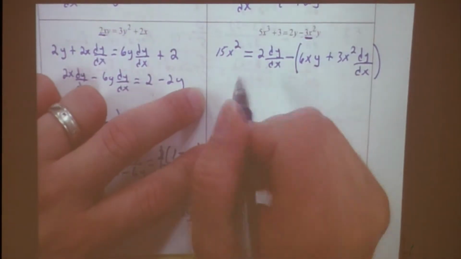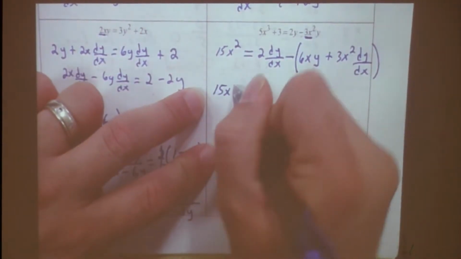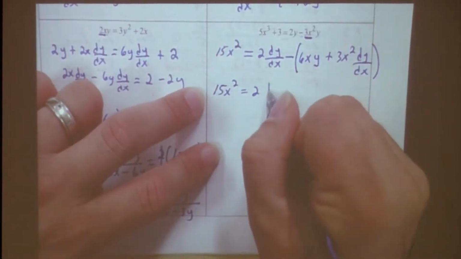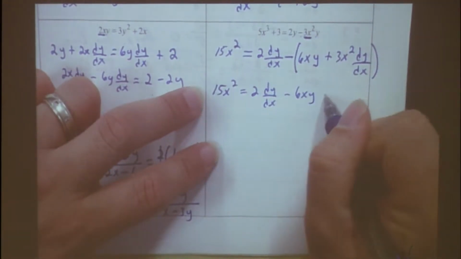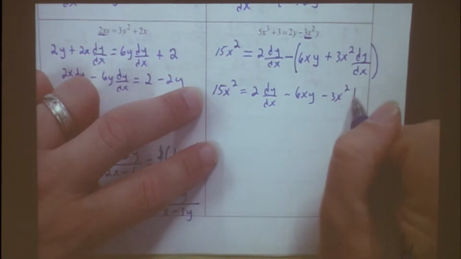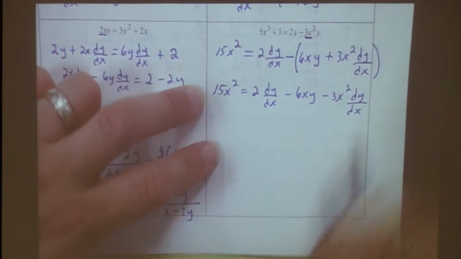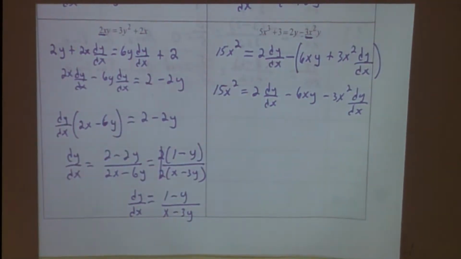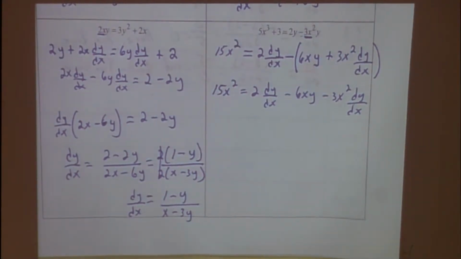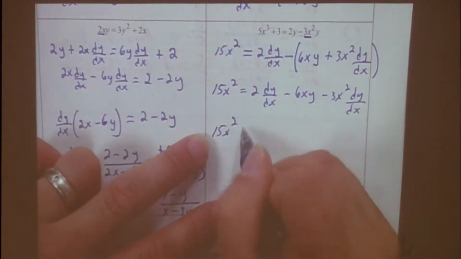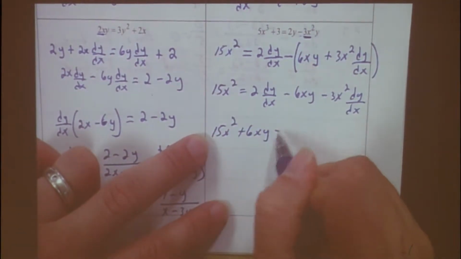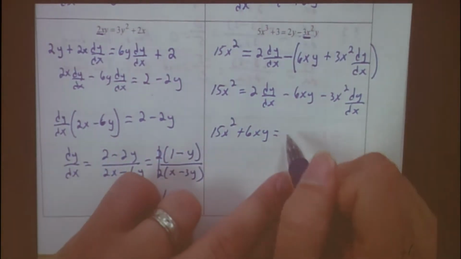Now we have to distribute the negative. So 15x squared equals 2 dy/dx minus 6xy minus 3x squared dy/dx. Do you want to move the dy/dx's to the other side, or should we just leave them there? Okay, cool. So 15x squared plus 6xy equals, can I already factor out the dy/dx?